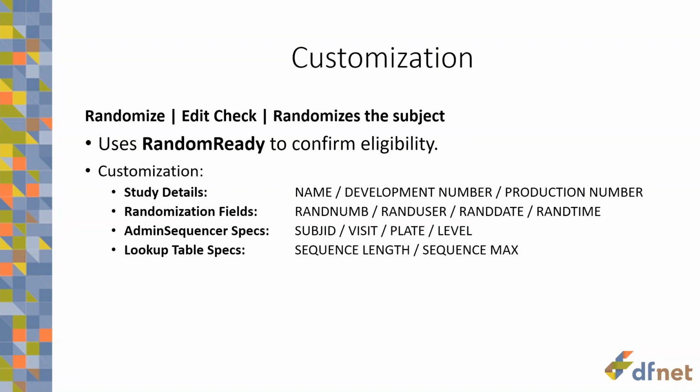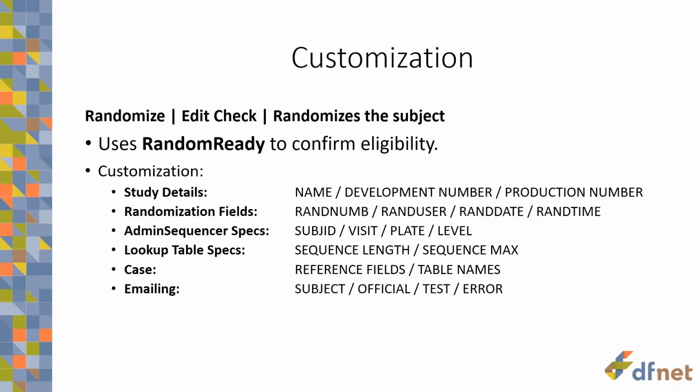Lookup table specs, so adding a sequence length, max sequence values, how many characters each sequence is, and how many sequences do you have per lookup table. The case, this will point to reference fields and table names. So using this code, you'll be able to customize which table to utilize under what conditions.